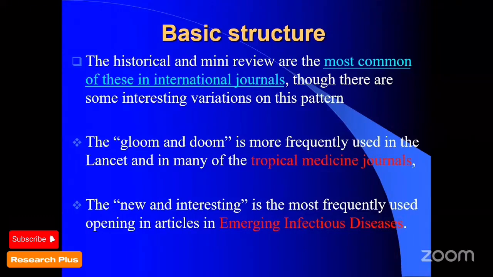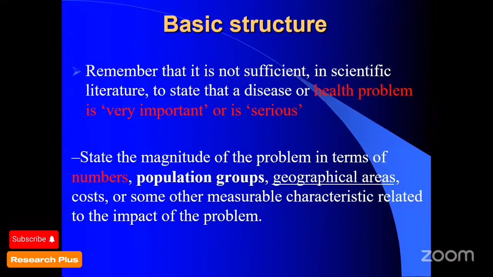Then for new and interesting, obviously, it is journals that deal with emerging infectious diseases, Lassa, Ebola, all these diseases that can lead to either epidemic or pandemic potential, that are most likely favored. So one of the things I want us to know is that it's not usually good to say tuberculosis is a major health problem or is a very important or serious disease.